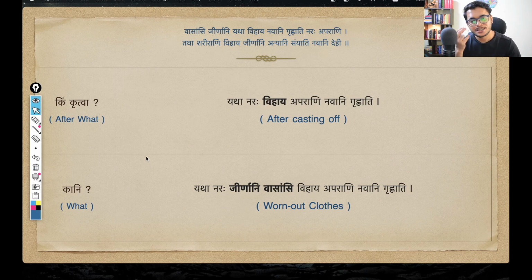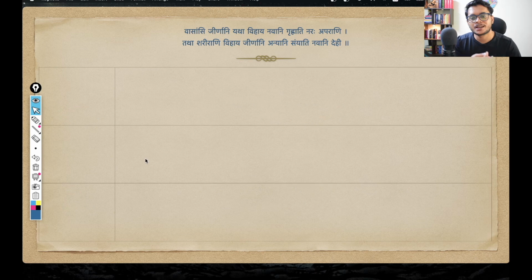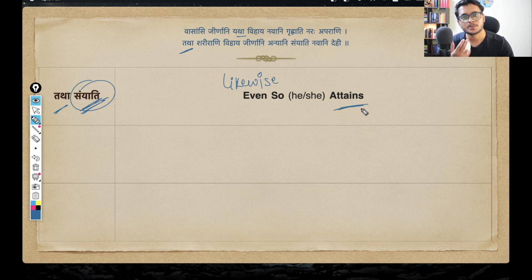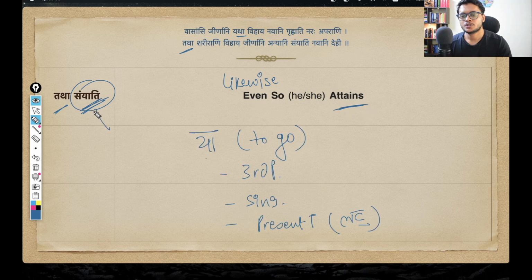And with this same chain of thought, he will continue in the second line, that tatha samyati. Tatha, even so, or likewise. Okay, in either way you can use it. Samyati. So this samyati means, again, some third person attains. Okay, this form is coming from the ya dhatu. Ya dhatu again means to go, to move about.